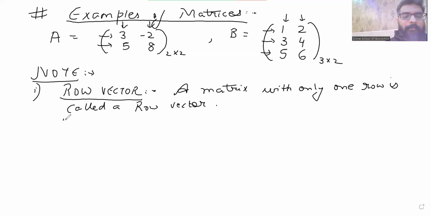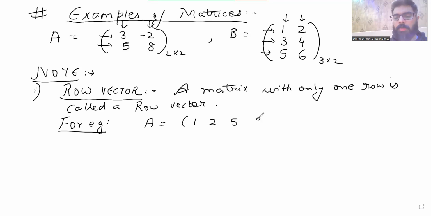For example, let's talk about a matrix A which is like this: 1, 2, let's say 5. Randomly, I can choose any number. So 1, 2, 5, and 9 are the entries. Students can clearly see that there is only one row.